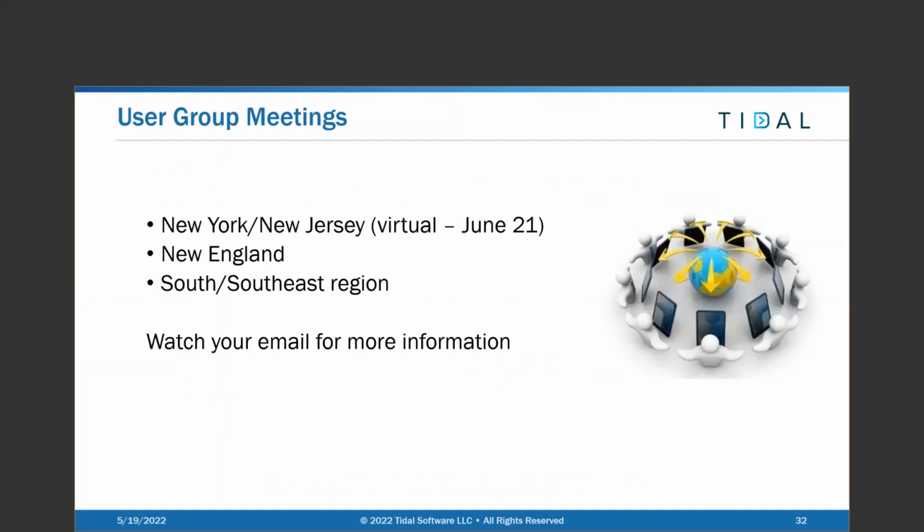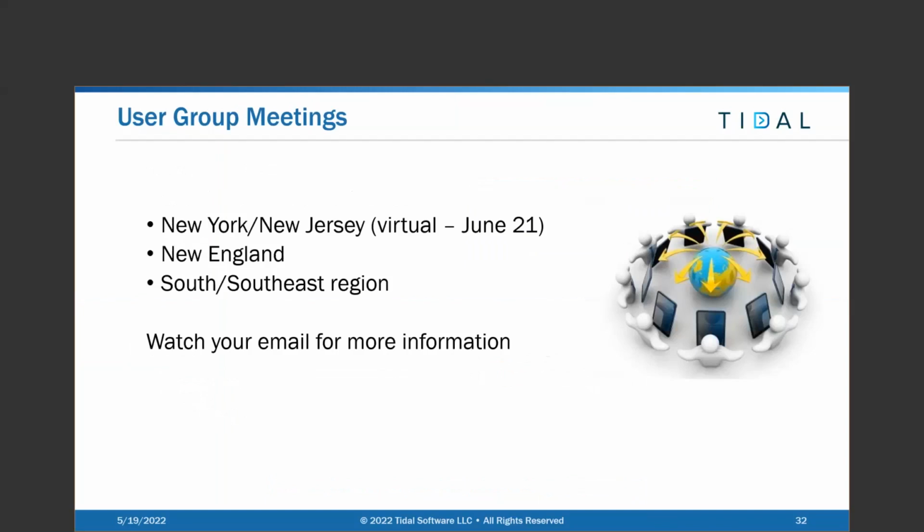We are in the process of planning our 2022 user group meetings. We've reached out to a number of you, and based on the feedback, it appears that a lot of people really aren't comfortable with large groups meeting in person. So at least initially, we're going to remain virtual for a number of these meetings. The first one that we have scheduled is June 21st. It's going to be for the New York and New Jersey folks.